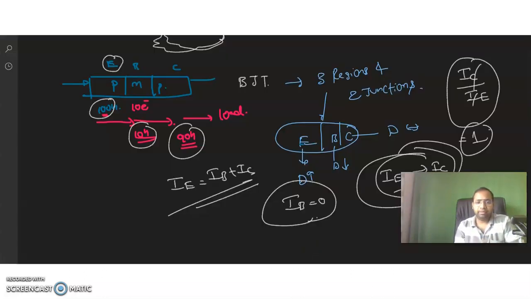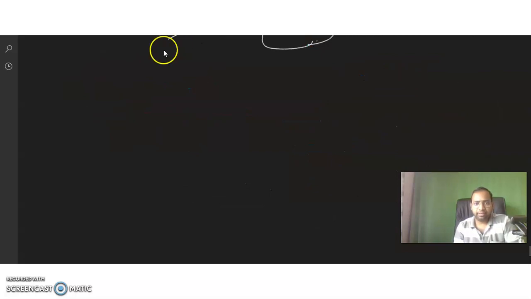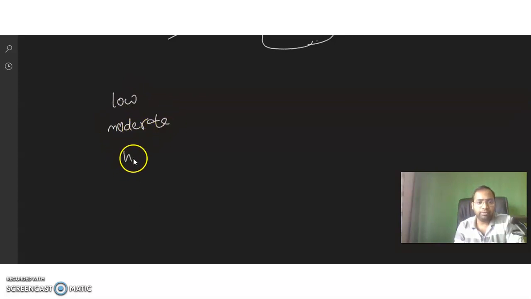Typical value of the impurity concentration means generally we have different doping concentrations: low level doping, moderate doping and high doping. Low level doping means we take 1 in 10 to the power of 8.